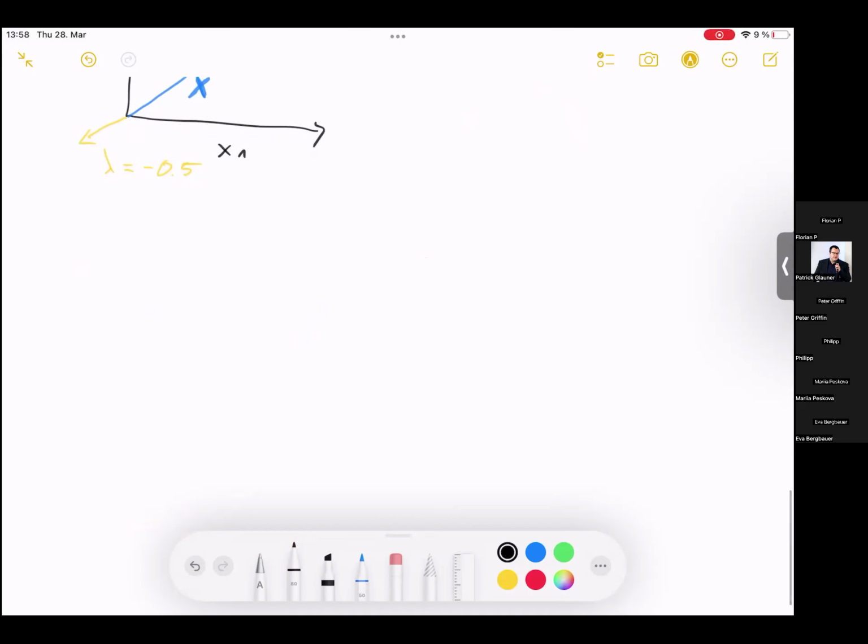Concretely, we can say that A minus lambda times I, where I is the identity matrix, times X is 0. And this is the 0 vector. That's why I put it in bold. It's all formatted properly in bold in the slides. So this is the identity matrix, n times n.